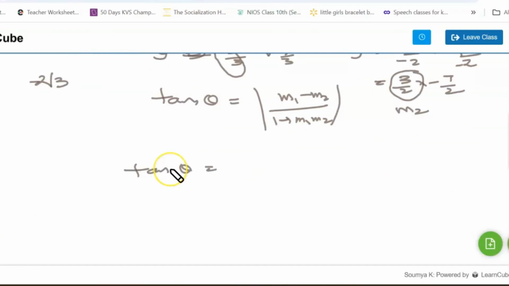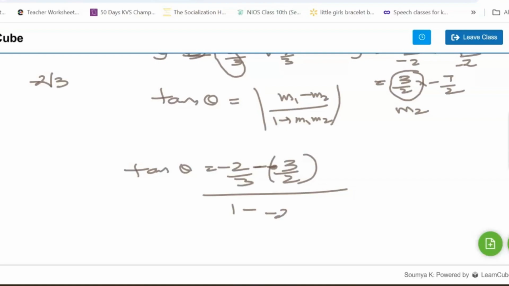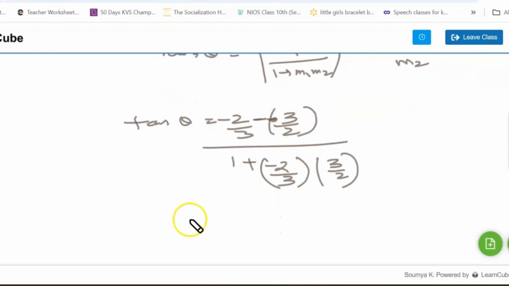Tan theta equal to minus 2 by 3 into, it will plus here 3 by 3 is equal to minus 2 by 3 minus 3 by 2.